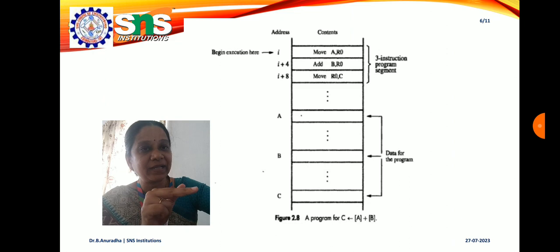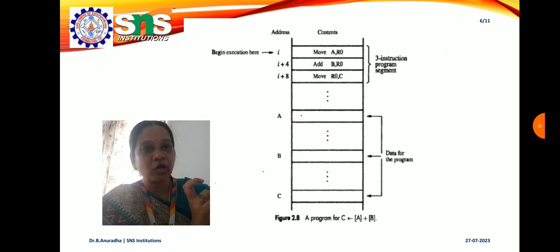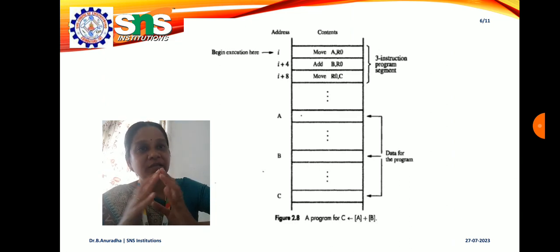In the second line, I want to perform an add operation: the content present in location B is added with the content available in R0. Register R0 contains the content of A, which means I am adding the content of A with B. And finally, the result is going to be stored in C.